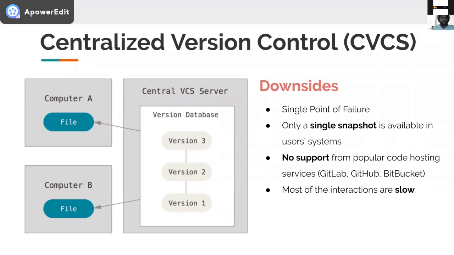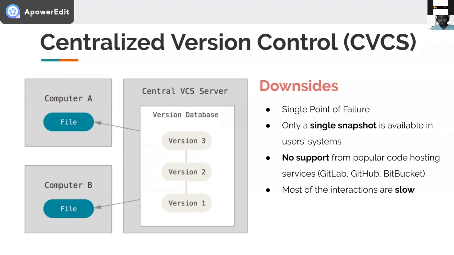According to the picture, you can easily understand that the version database is located in a central server. In this slide you can see computer A and computer B, two developers working on the same project, but the database is stored in a central location.